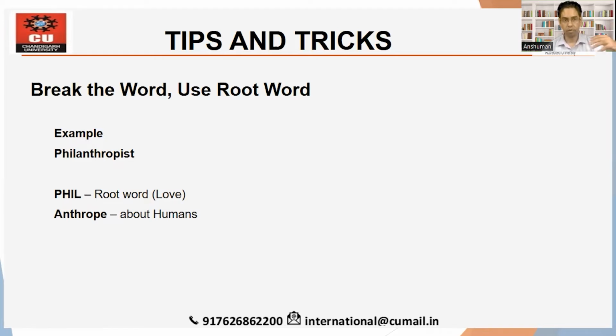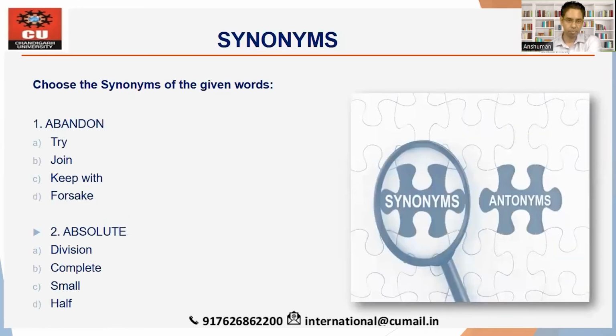You might have observed that some famous personalities, when they become rich, start doing some philanthropic work, right? So likewise, philanthropy is a very nice word, and by breaking it, we can understand this word. Let us move ahead and see the next word.